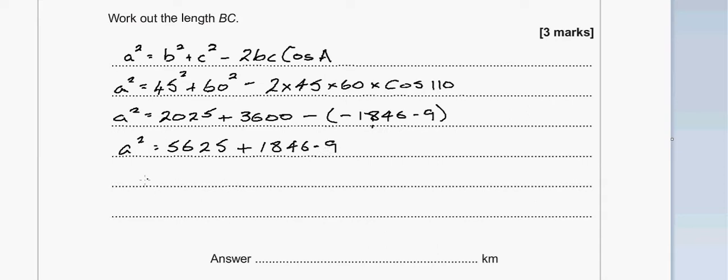So a squared will equal 5625 plus 1846.9, which equals 7481.9.